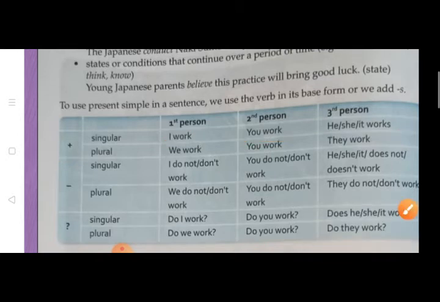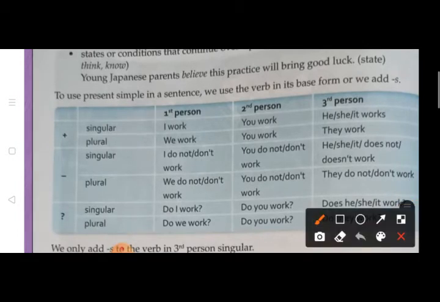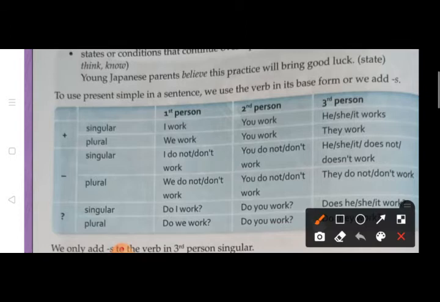Now let's see the plural form while we are writing a positive sentence. We work, you work, and for third person plural we don't add s, and so it would be they work. Now let's see the negative sentence. For the negative sentence, singular form, we write I do not or don't.